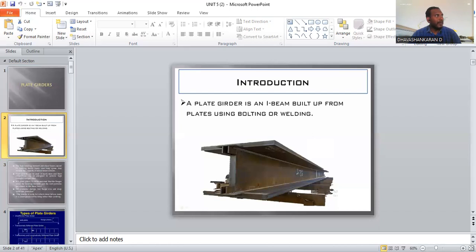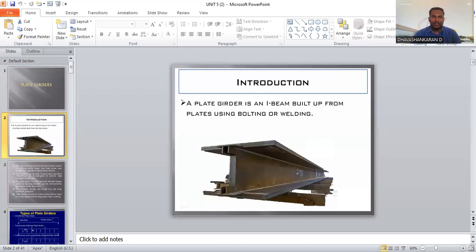Then for d by tw less than or equal to 67 epsilon, no end stiffener is provided and intermediate stiffeners are required. When d by tw is approximately 100, intermediate stiffeners are not required, only end stiffeners are provided. So as per the depth and thickness of the web, we have to use whichever stiffener is required for the structure.